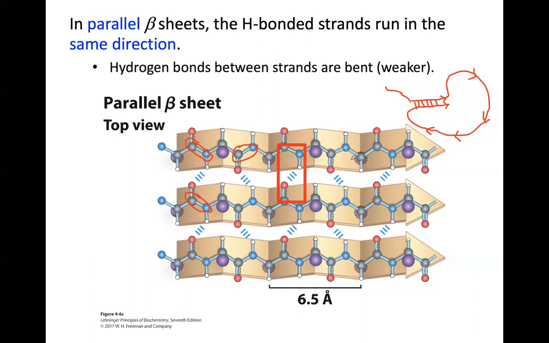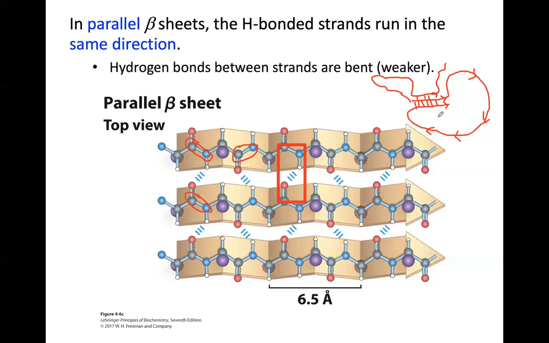For example, this one can go somewhere for a walk and then come back, and then come back, like so. And then you have hydrogen bonds here. All parallel, right? So this will be a beta sheet.